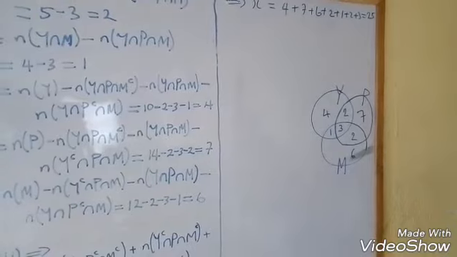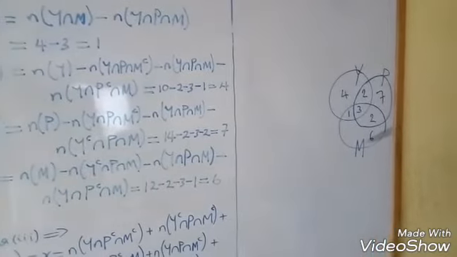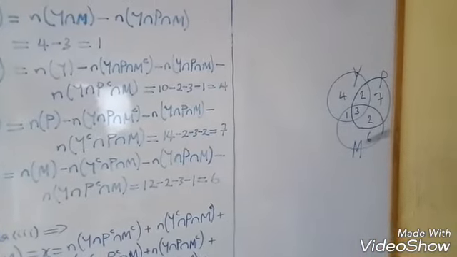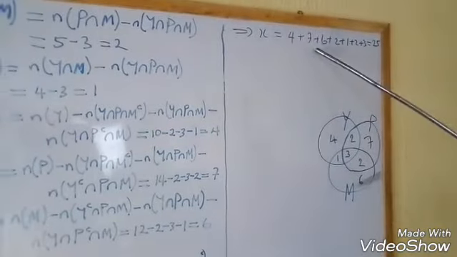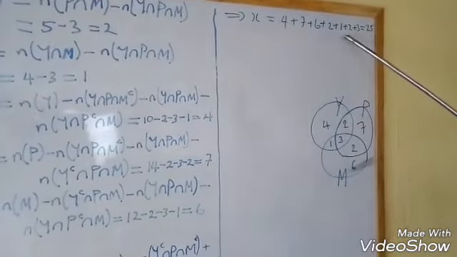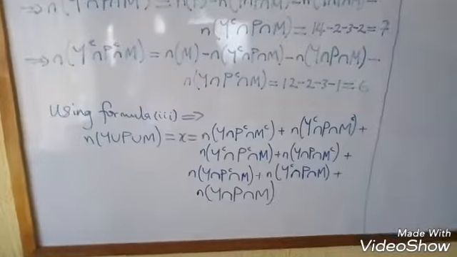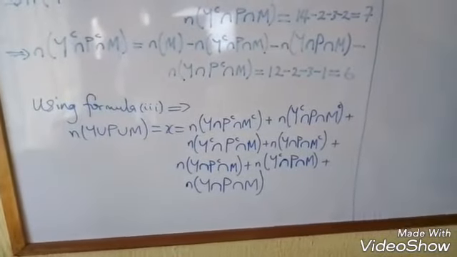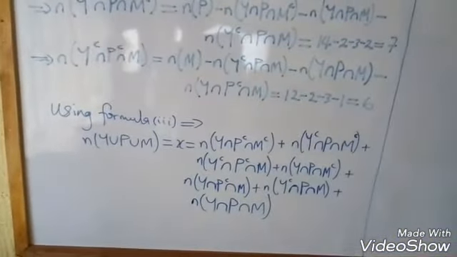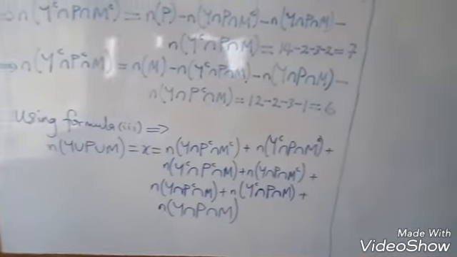When we add them together, we get the number of women that are in the group. And so we have here that X is 4 plus 7 plus 6 plus 2 plus 1 plus 2 plus 3. That gives us 25. So the number of women in the group is 25. That's 25 women participated in selling yam, plantain, and maize.